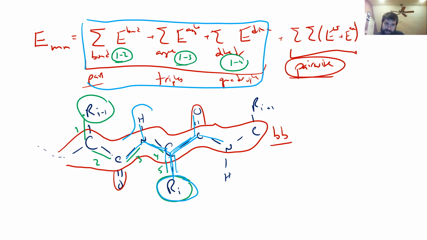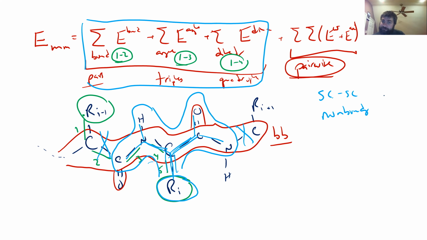So we have a regime where the bonded interactions of a side chain can reach, and they are still separated from the other side chains. Side chain interactions are non-bonded interactions only. Non-bonded interactions are pairwise interactions.